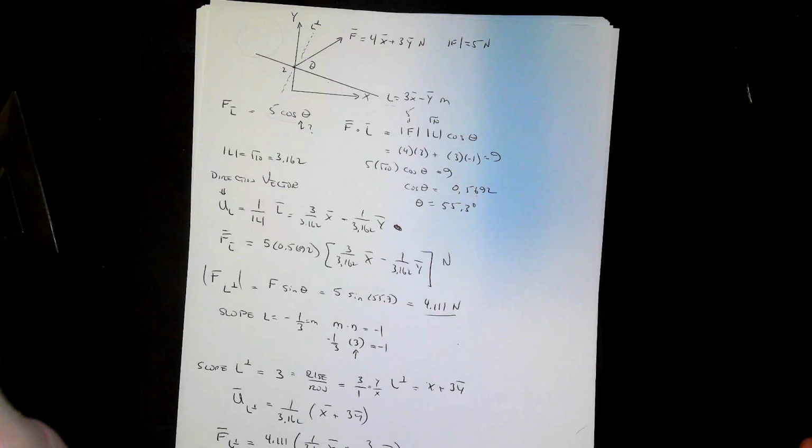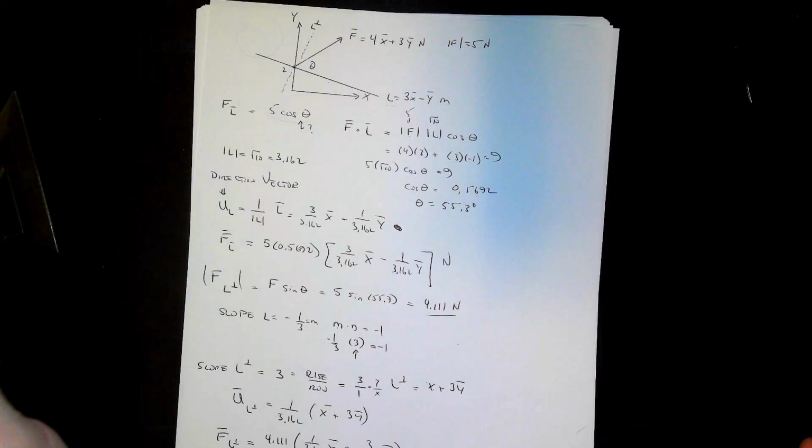If the slope of here is minus a third, what's the slope of something perpendicular? Well, from your geometry days, if I have two lines, let this be M, and N is the slope of the perpendicular. If you multiply the two slopes together, you get minus 1.